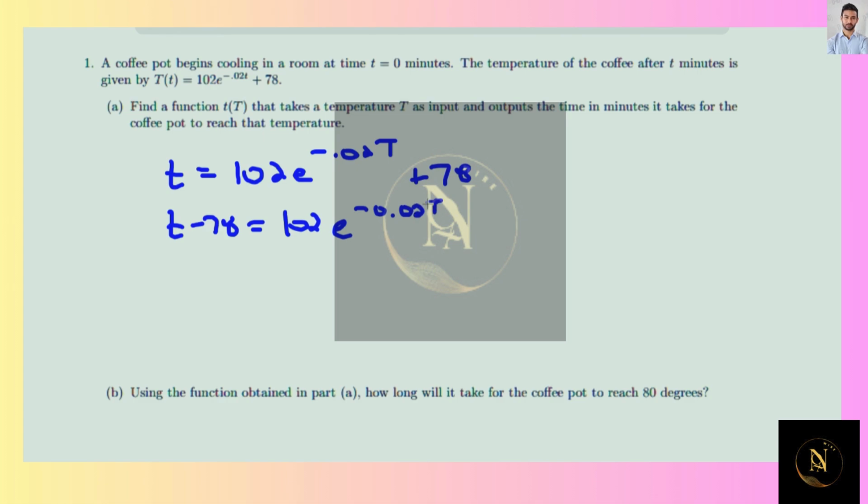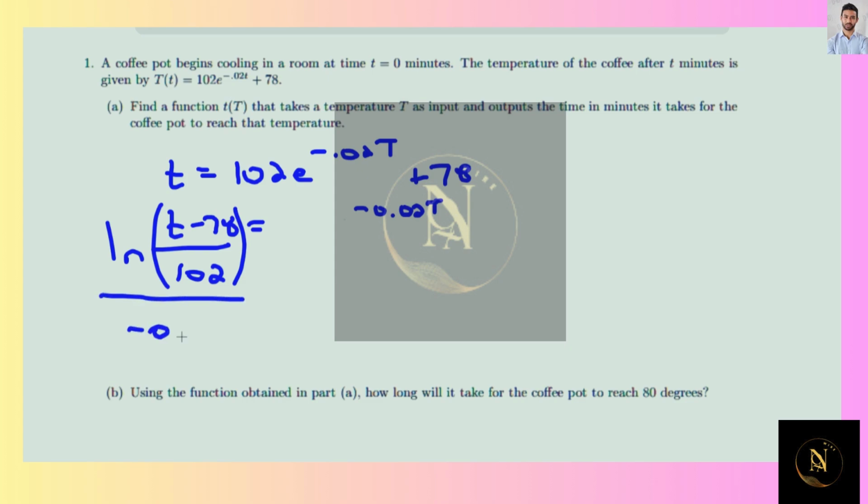Then we'll divide by 102 on both sides. Then we're going to take the natural log of both sides to get rid of the exponential base e. And then we're going to divide by negative 0.02. And then that will be equal to capital T.